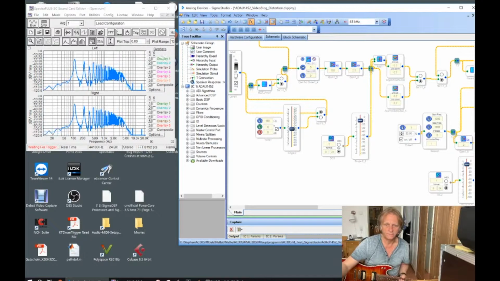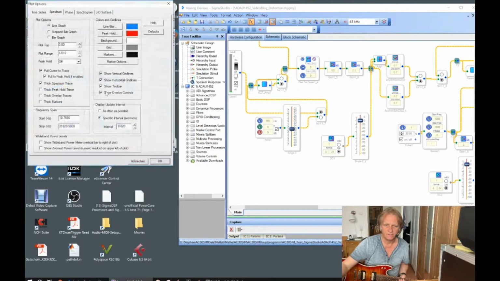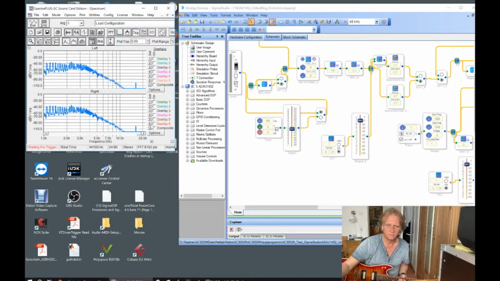Let's see if I can do that. Okay, I go and look at the spectrum beginning at 1000 Hertz to see just the harmonics. Symmetrical, asymmetrical. There you can see symmetrical, asymmetrical.